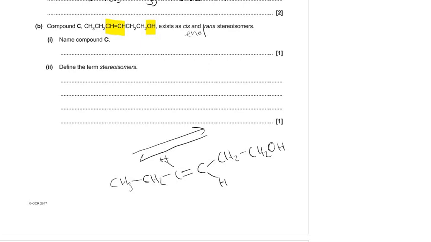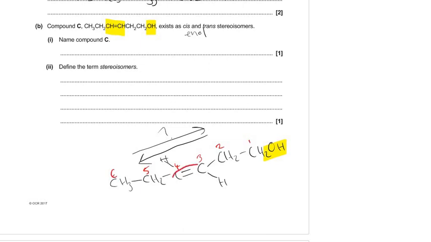In this direction or in this direction? So what I think it's important to remind ourselves is that this alcohol is going to take the highest priority. Also, it's going to mean that we're going to want to give these functional groups the lowest numbers possible. So with that in mind, we can now start adding numbers to our carbons. We've got 1, 2, 3, 4, 5, 6.